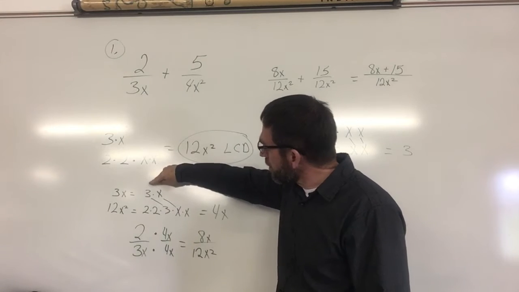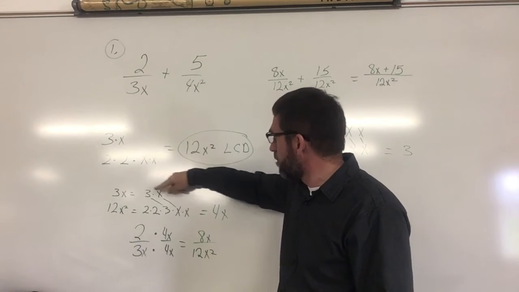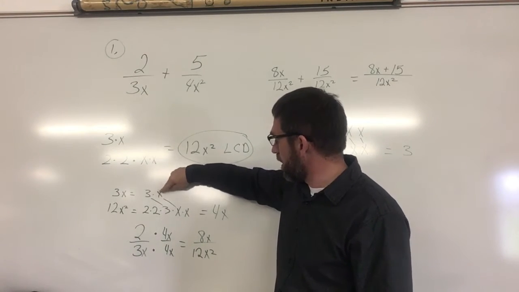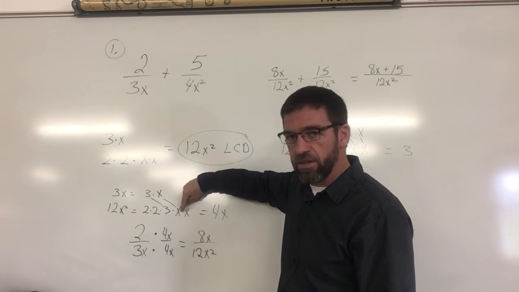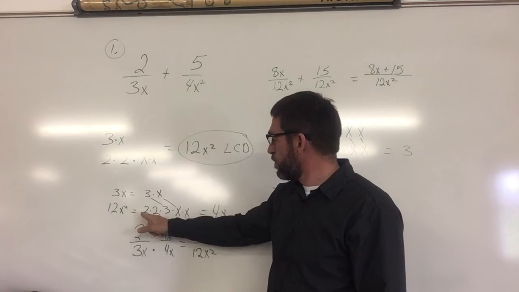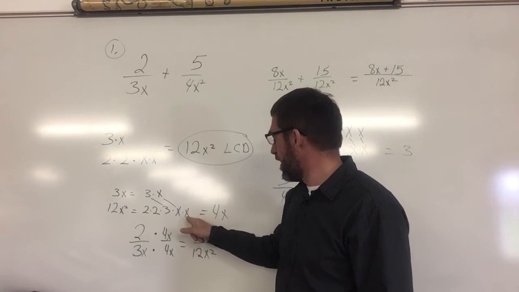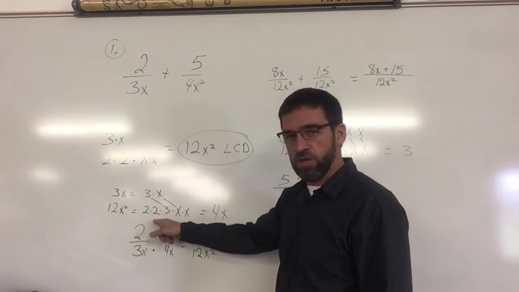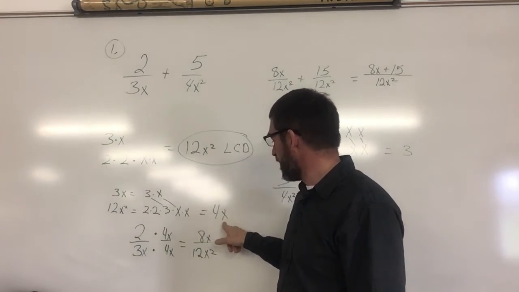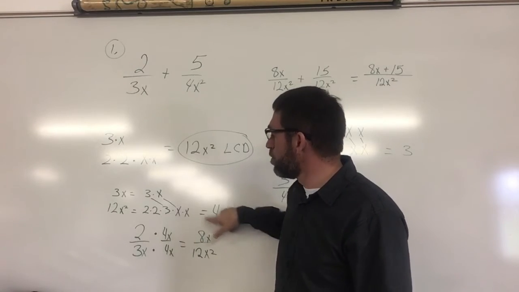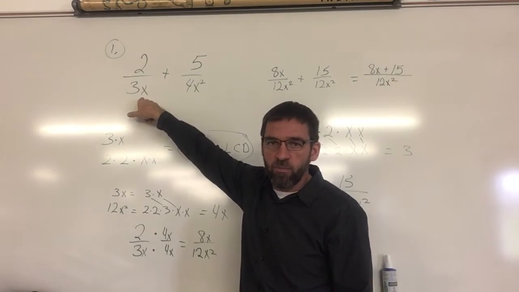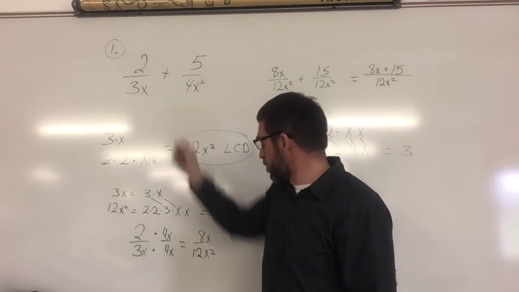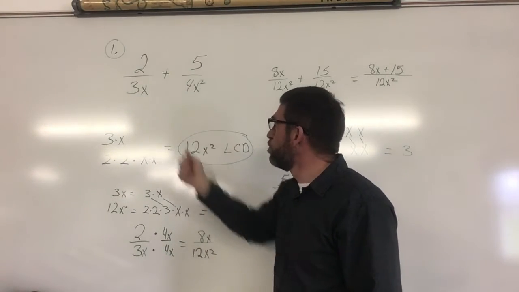Anything that's in the 3x, I knock out. So the 3 I can knock out, and I can knock out 1 x. That leaves me with 2, 2, and x. So I combine 2 times 2 is 4, so 4x. 4x is the numbers that are not in this number here, so that's what I will use to multiply this.